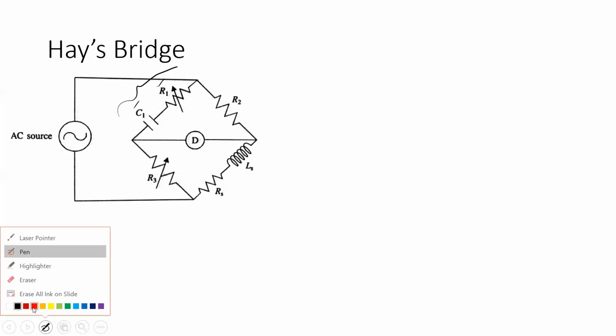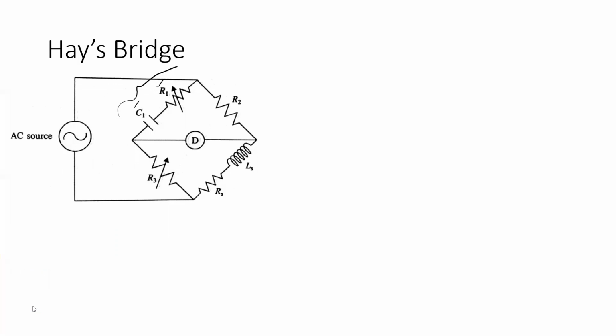Now, to determine the balance condition for this particular bridge, the Hayes bridge, we can follow the same process that we followed in case of the Maxwell bridge. Now I can note over here that this bridge is more useful in case of high quality factor inductance compared to the Maxwell bridge.